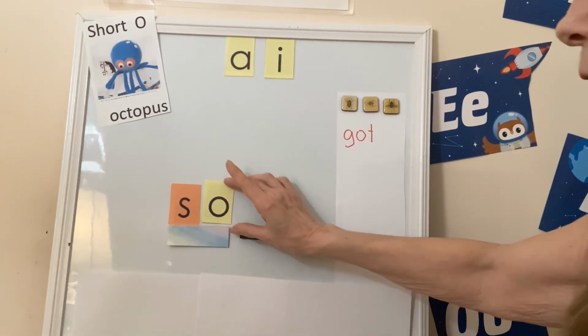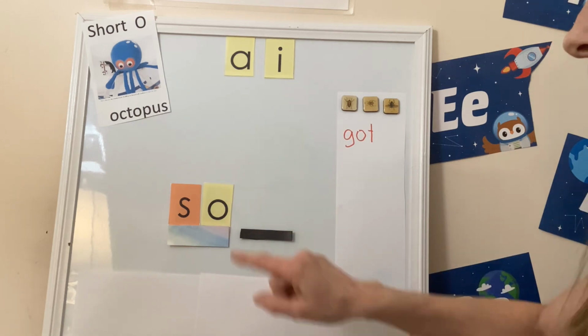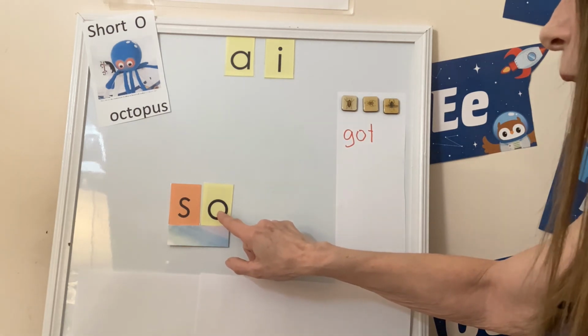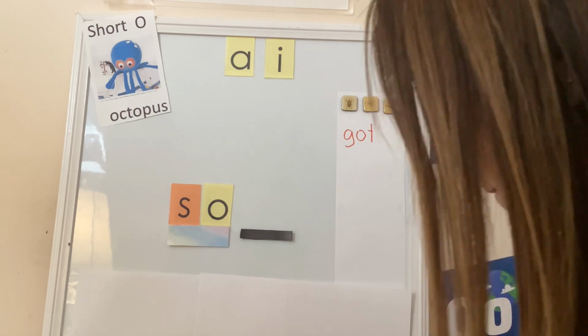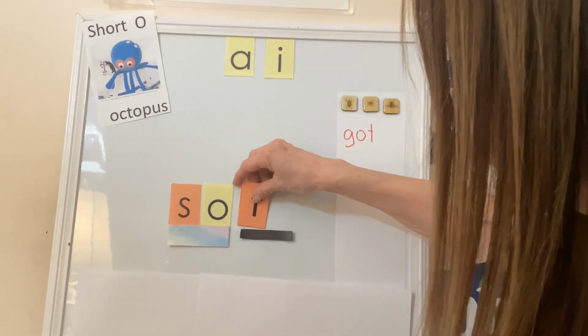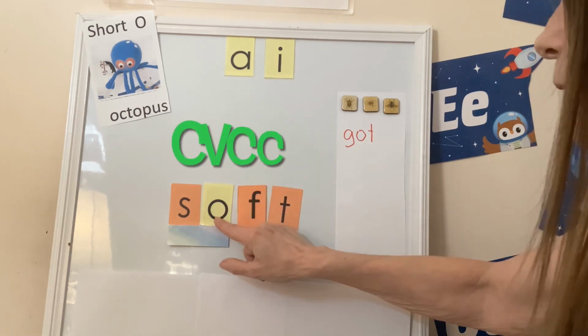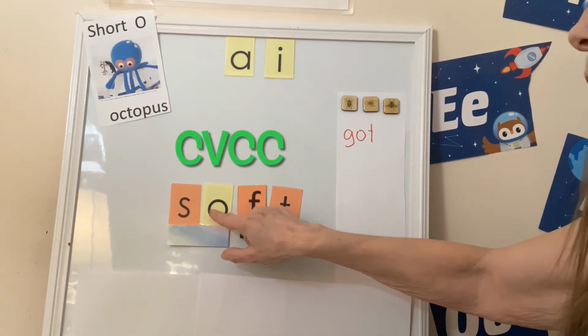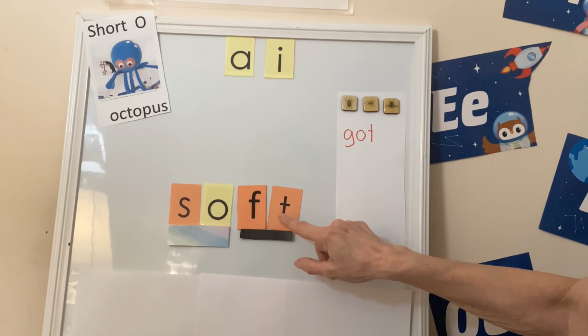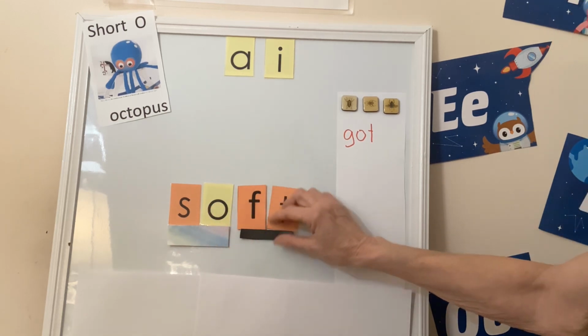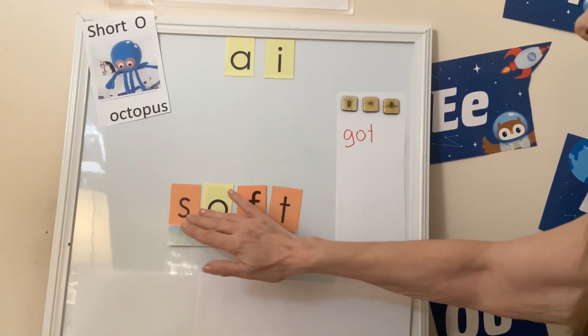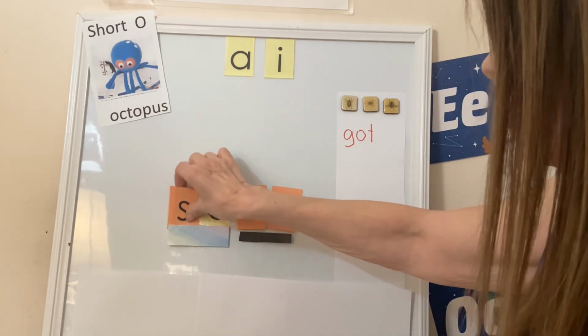Remember, another letter is going to follow. The vowel is ah. The baby says sa. So you could help them and see. So the vowel is ah. The baby says sa. The word is soft. That's a little aw too, but it goes with the dog group. Soft.